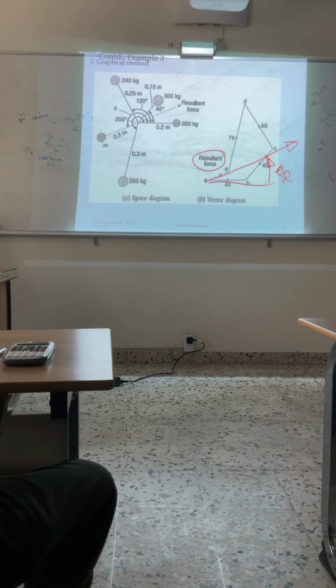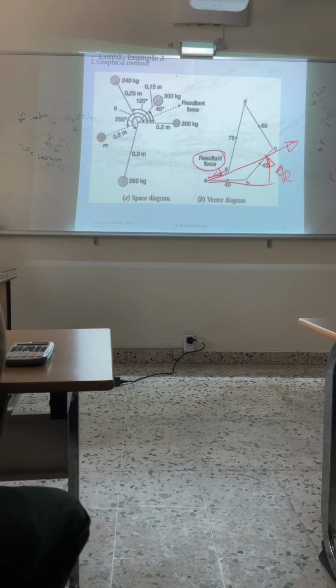But why go through all these hassles? Make your life easy, man. Don't you see that you represented all the forces, and you are claiming that the balancing masses should take all of this to zero? So all you need to do is represent that one in the opposite direction. Take the length, find your mass, and then remember, early on, when I showed you how to measure the angle.